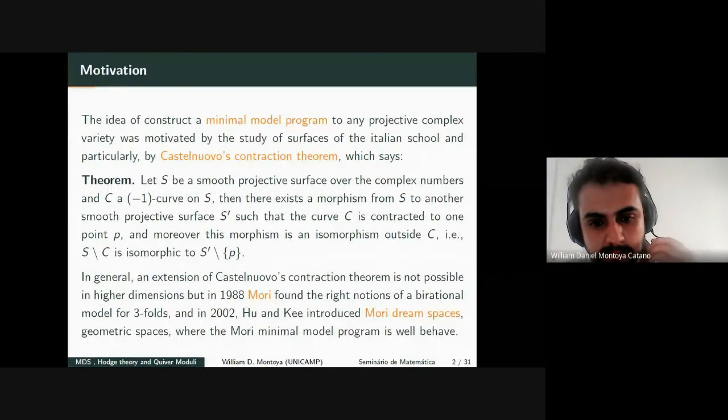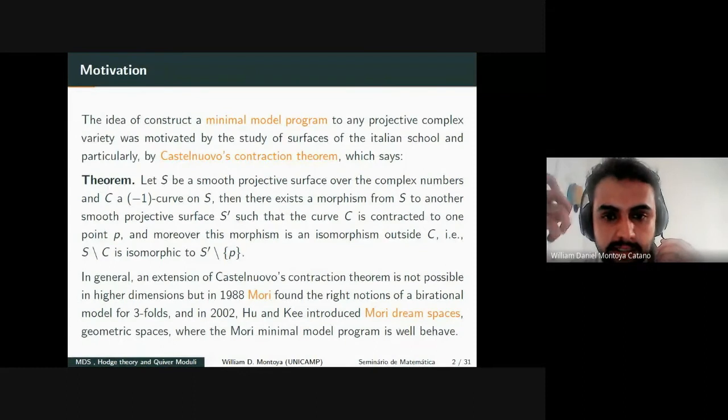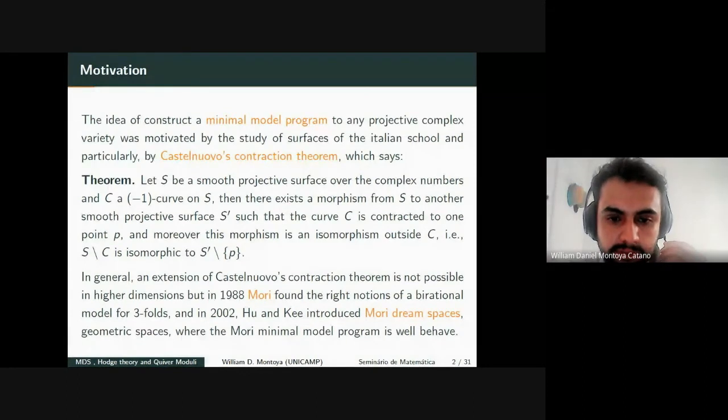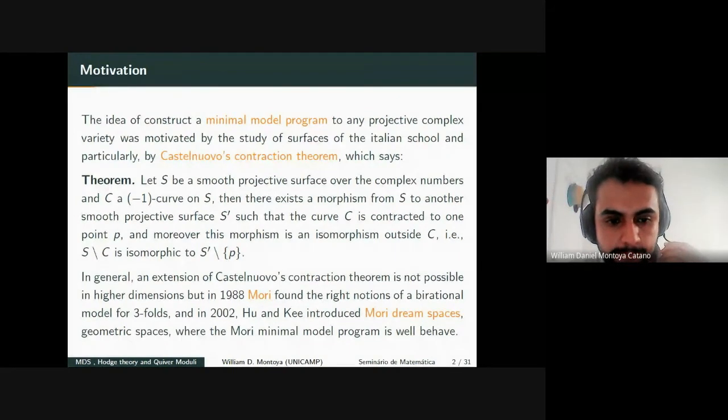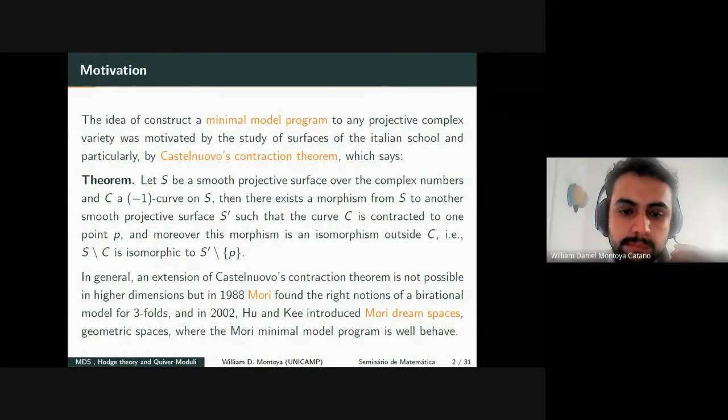You can relate this with a line bundle, and the collection of all line bundles forms a group, called the group of divisors. Keeping all these things and trying to understand how they behave with the algebraic structure, you can run the same program but for 3-folds.